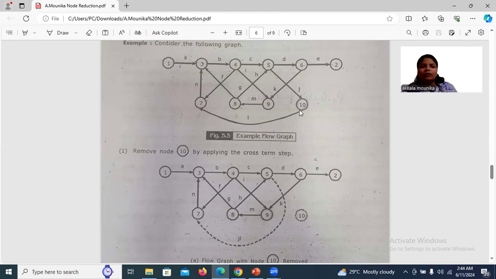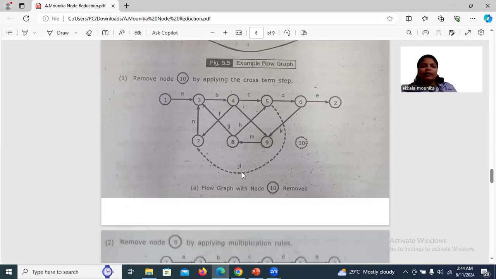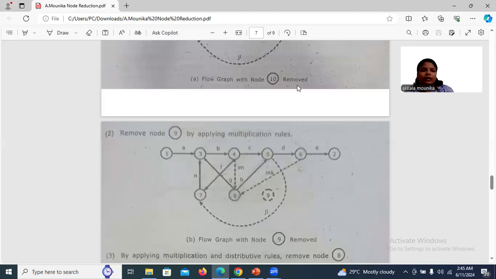So these both are in series manner. If it is in series manner, what we need to do? We need to concatenate. That means we need to multiply both the path segments. So that's why here we have done J and L. We eliminate this 10, and we keep the dotted lines just to know what the link is here. So here the 10th node is removed.